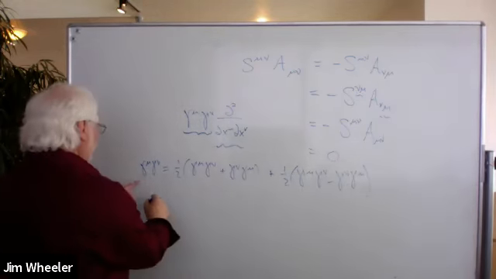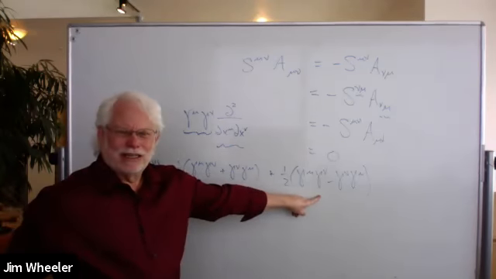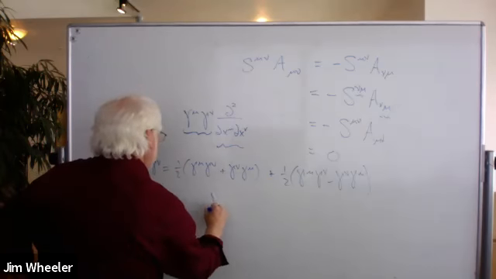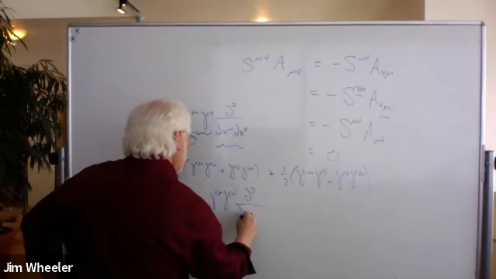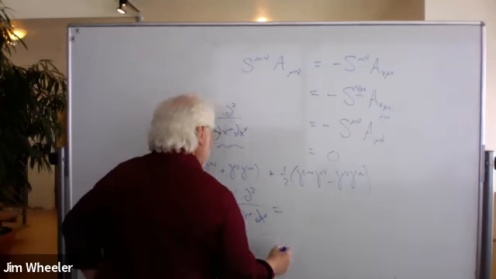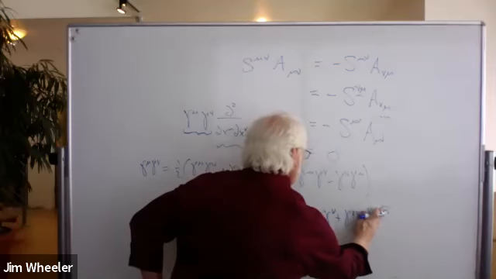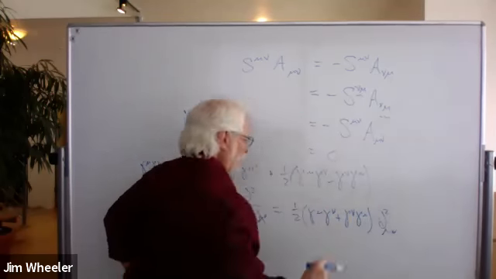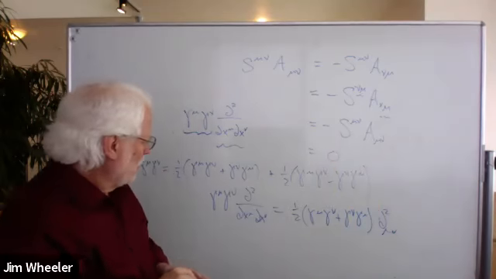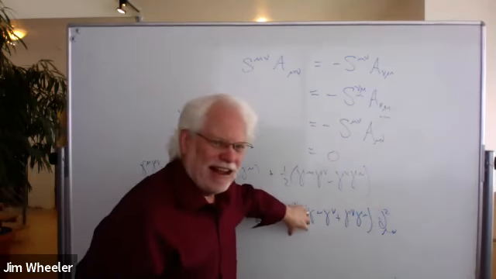And now, if I contract this on a symmetric thing, our theorem shows that this is going to vanish. So that says that gamma^mu gamma^nu d squared over dx^mu dx^nu is going to be just the symmetric part. Yeah, you know what that is. So this is all that survives that contraction. So it's this that has to be the metric.